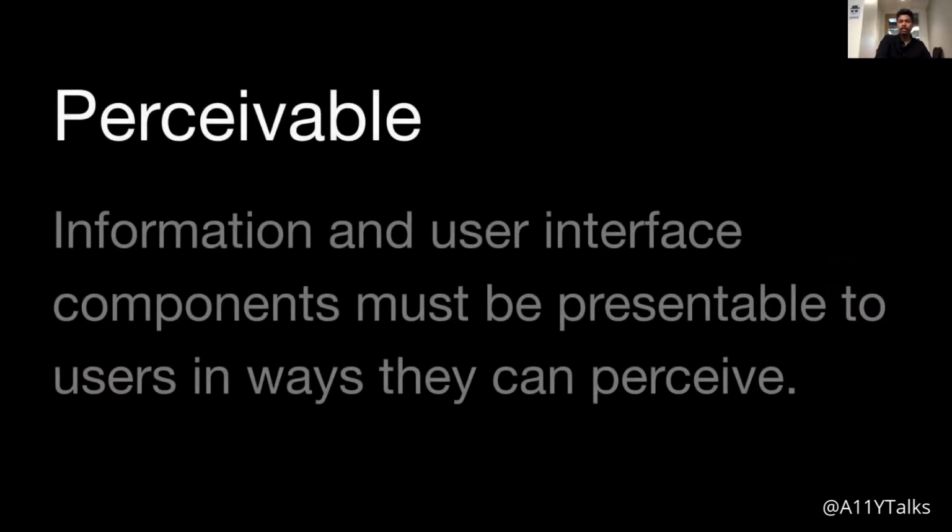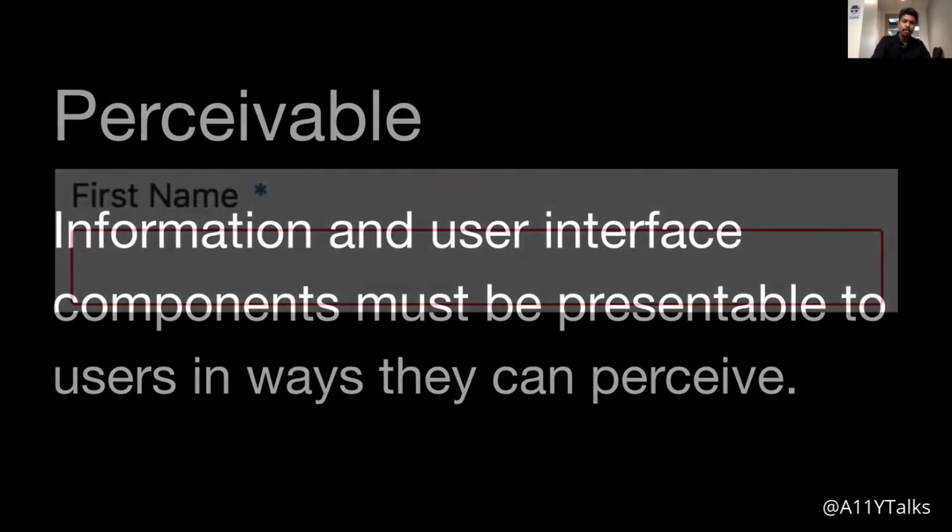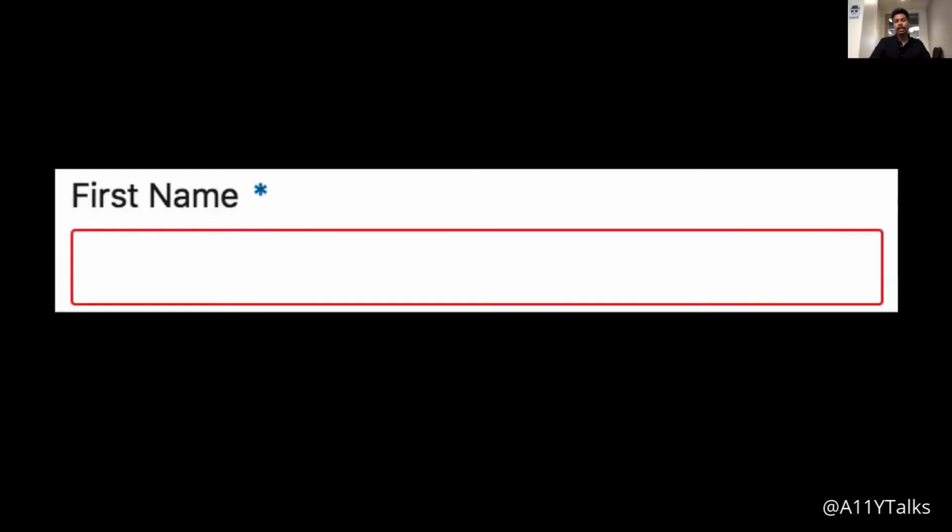So, perceivable, by definition, says the information and the user interface components must be presentable to the user in a way they can perceive. Or maybe in other words, information must be presented in more than one sense. For example, we often see on input error, the corresponding field is outlined red, indicating that this needs to be corrected.